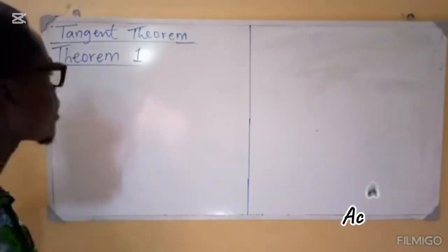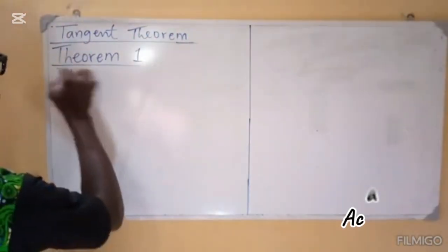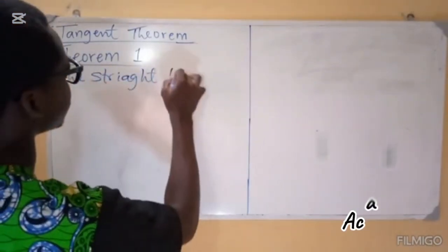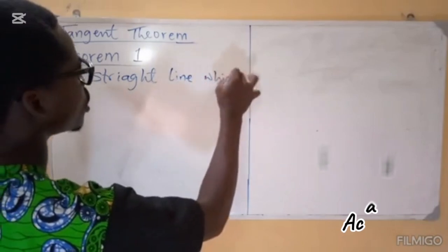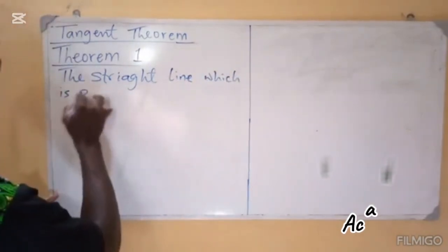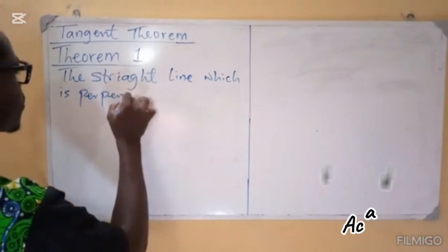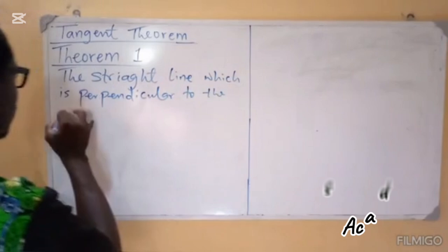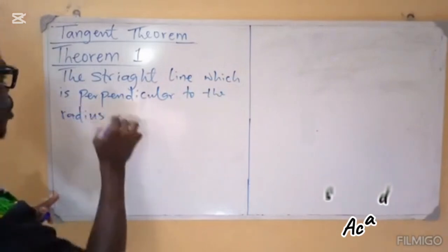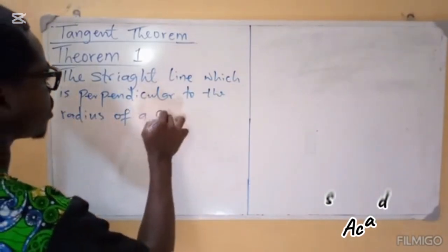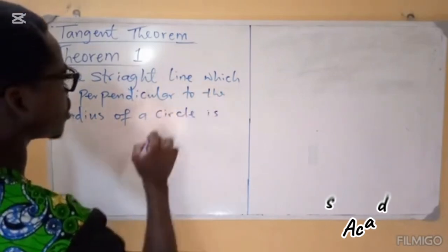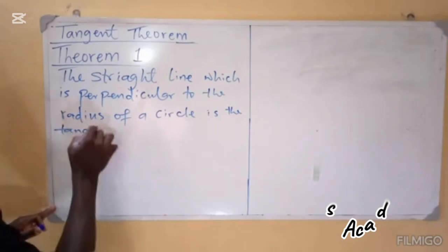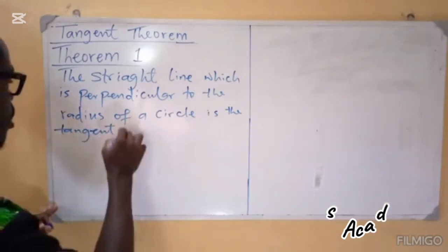Theorem 1 says that the straight line which is perpendicular to the radius of a cycle is the tangent of the cycle.